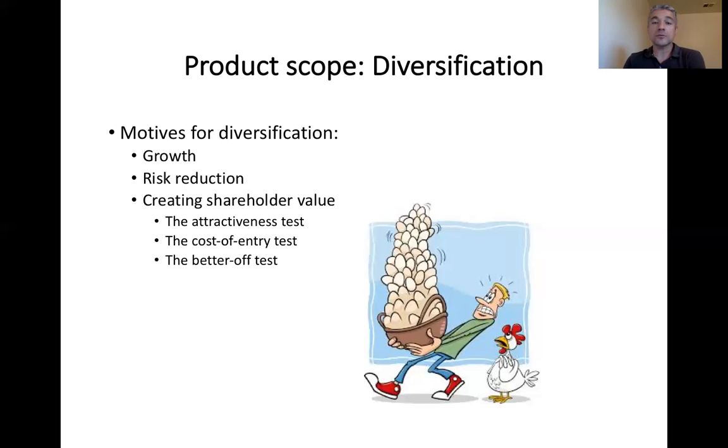Typically, when you try to acquire a company that would be specifically attractive to you for diversification, that other company is not exactly stupid. It understands the value it creates for you, so the price it will charge will reflect those future savings or future growth and revenues that you expect.